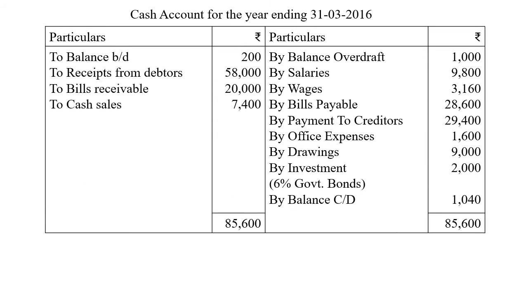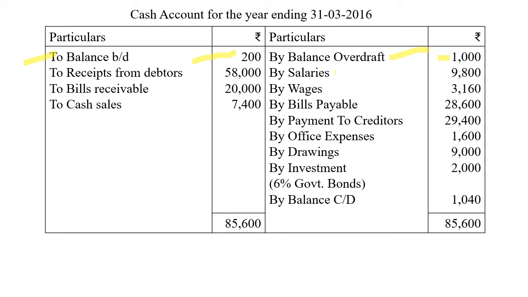Preparation of cash book. So cash account for the year ending 31st 3/2016. There are two opening balances: to balance brought down, cash in hand 200, and by balance overdraft, bank overdraft 1000 rupees.